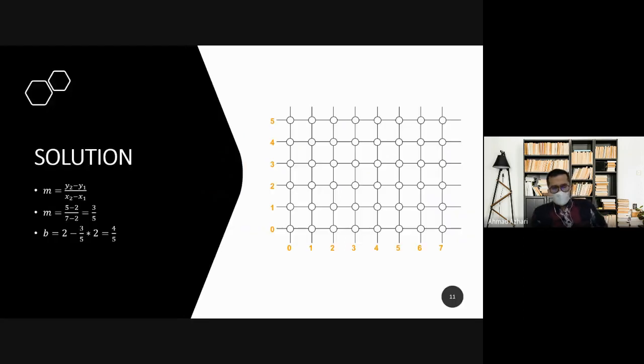First, look for the gradient using the gradient equation, which equals the difference in y divided by the difference in x.